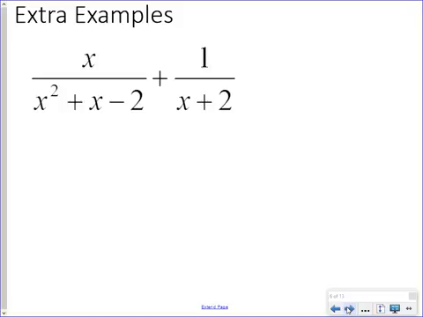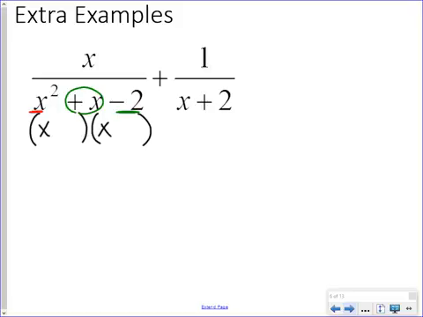Trinomials factor into two binomials that are getting multiplied together. To get the x squared at the front, I'm going to have an x and an x as my first term. And then I focus on the number in the back, which is negative 2. Do I have numbers that multiply to make negative 2, but add to make positive 1 in the middle?